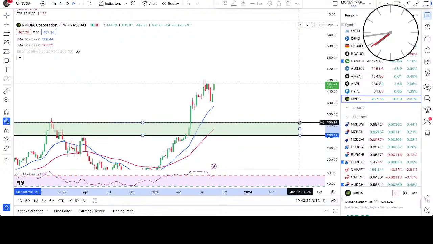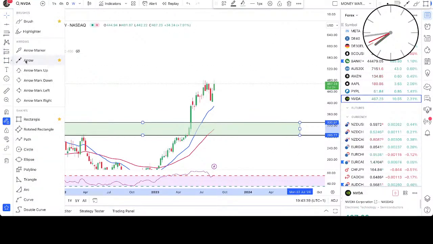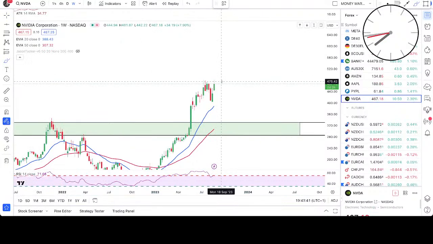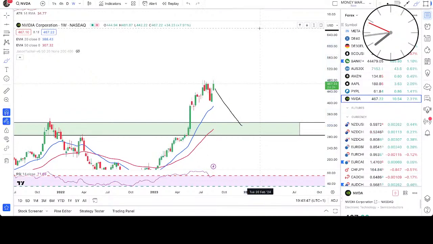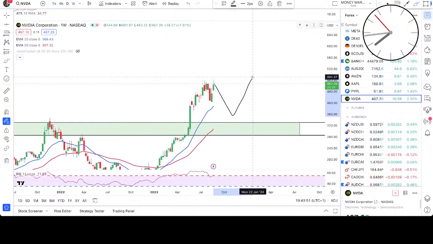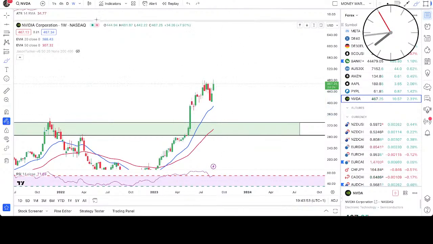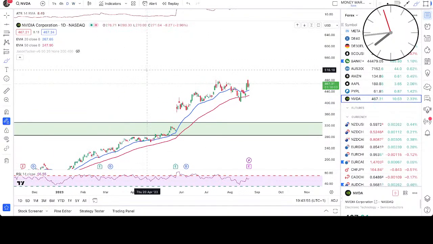Otherwise, it's in an uptrend, but I'll keep these zones on my charts. If next week, maybe the week after that, we have a pullback to this zone, it can likely head higher. So we can get a correction here with a pullback, and then price can push higher again. For now, we're just expecting some pullbacks out of this market, and then the price can head higher.